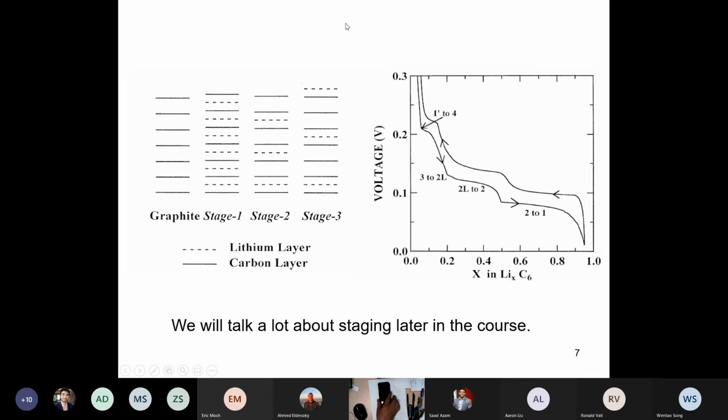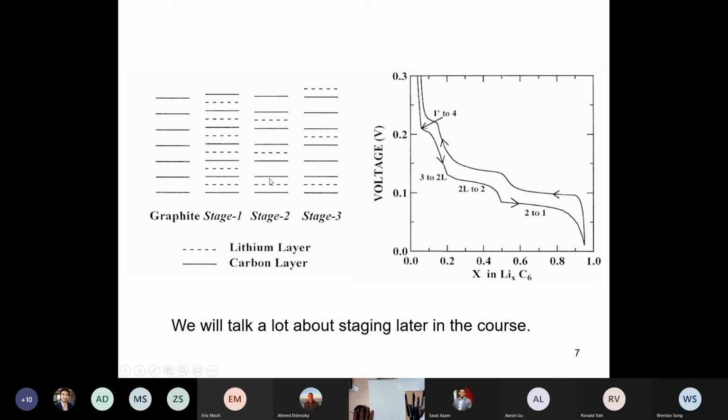Got it. Yeah. And then second question is, when you showed on Vesta how the lithium ions are filled, wouldn't you expect that from one adjacent gallery to another, the lithium are filled in different sites because of the repulsive force between the lithium ions? Yes, that can be the case. It can be the case that the lithiums are not directly above each other.